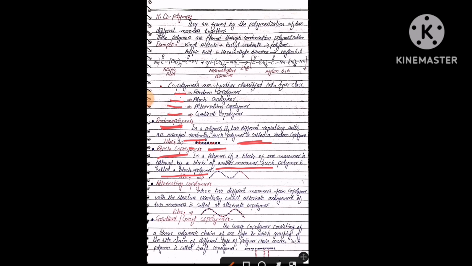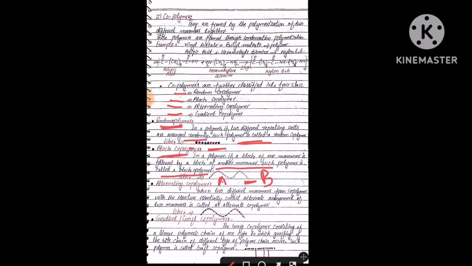These blue dots represent block A and these red dots represent block B. The B block is followed by A. Such an arrangement of monomers in the polymer is said to be a block copolymer.